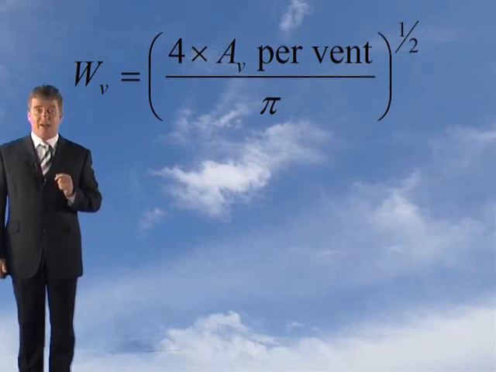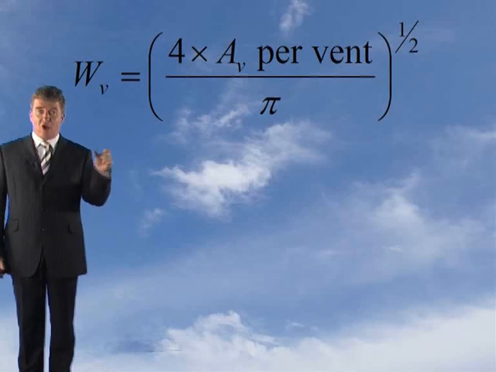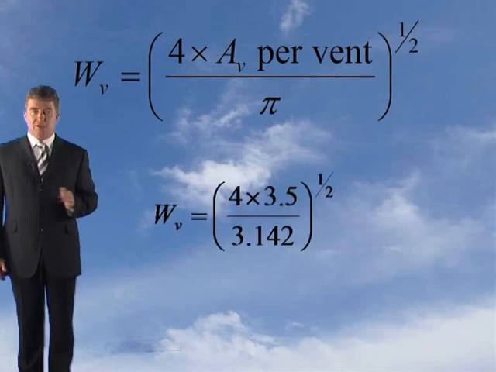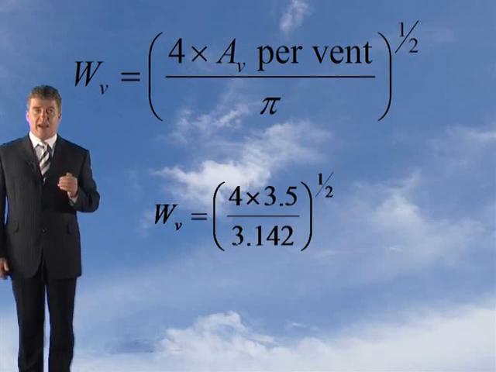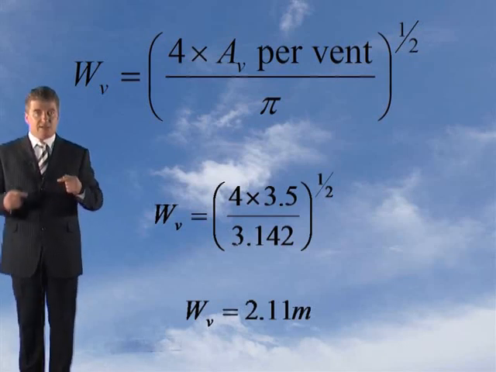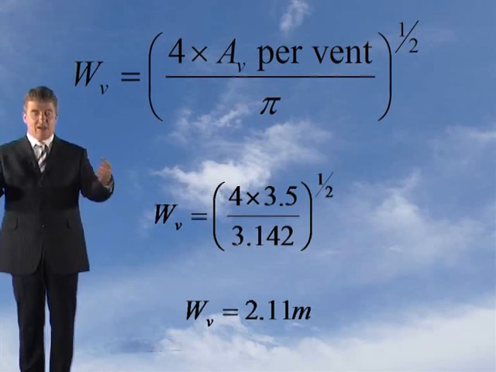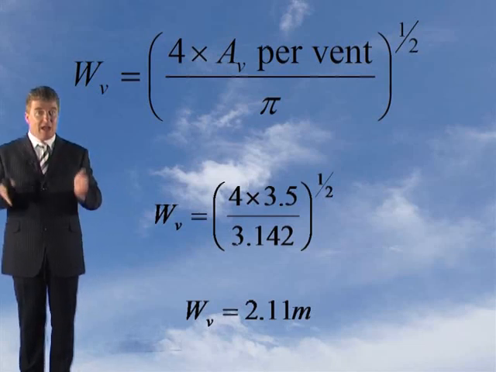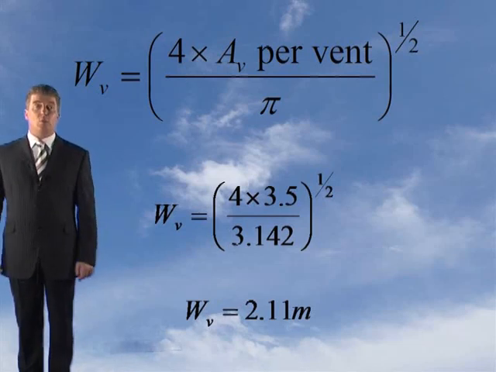Because this is geometric area, we can put this straight in the formula: WV equals square root of 4 times 3.5 divided by pi, which gives you 2.11. So the diameter of a circle with the same geometric area as our ventilators is 2.11 metres.